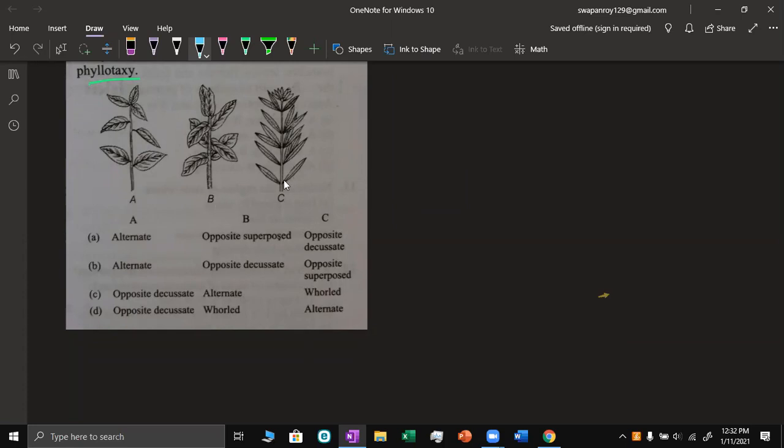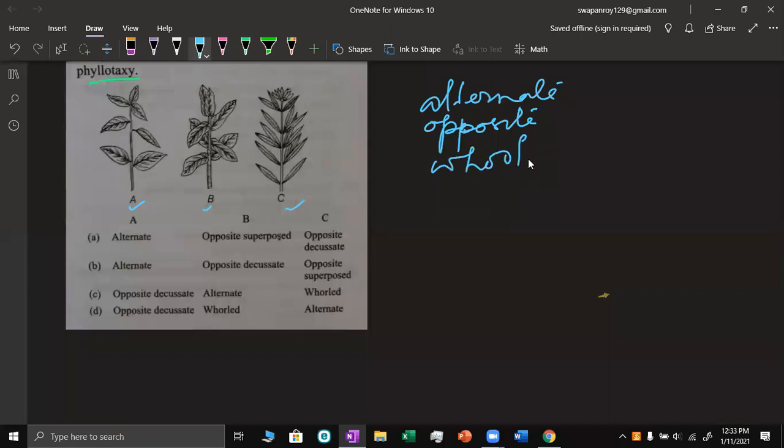Here three are there, A, B and C. There are three types of phyllotaxy: alternate, opposite and whorled.